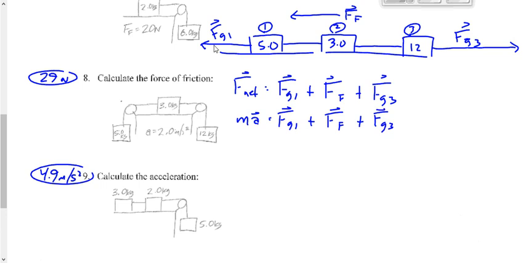What mass do I use? 5, 3, 12, 20, I guess it would be, or some sort of combination of them. Which mass am I going to use there? Yeah, you are going to use all 3 of them, okay? So the total mass here is going to be 20 kilograms.